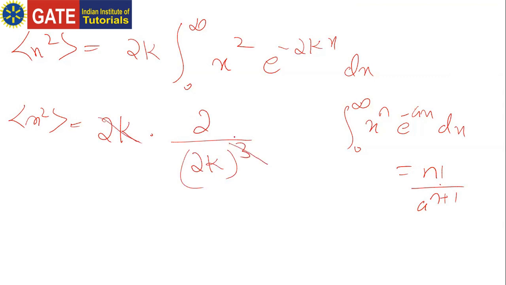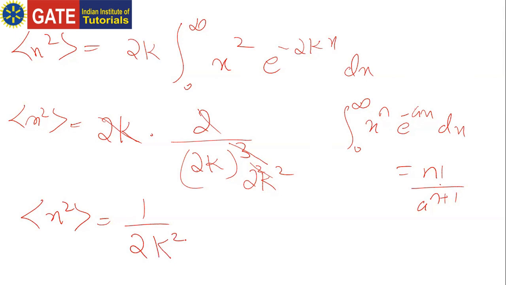2k, 1 2k get cancelled and here we will have 2 square k square, 1 2 2 cancelled, expectation x square equal to 1 by 2k square. Okay.